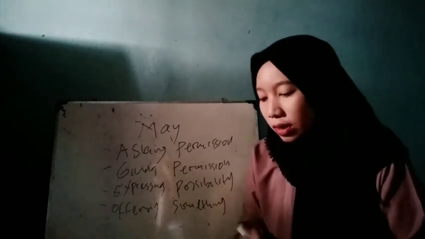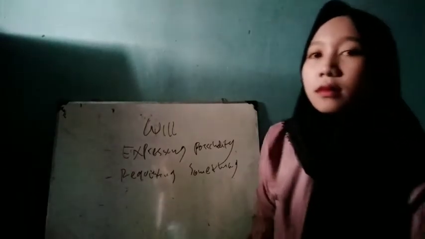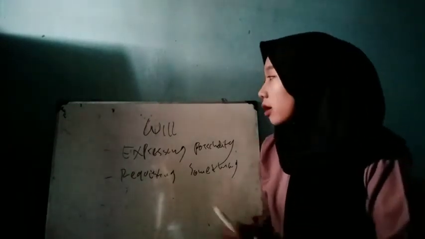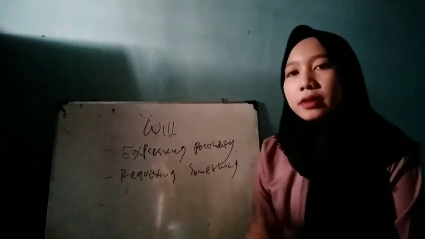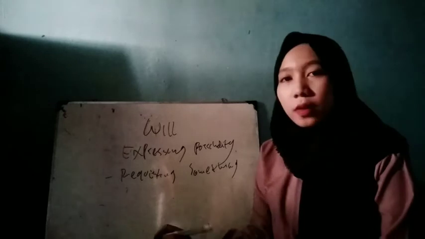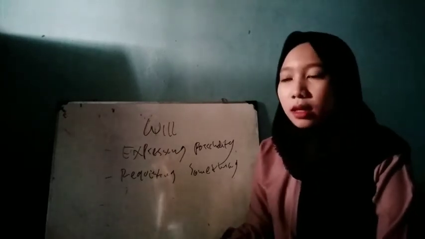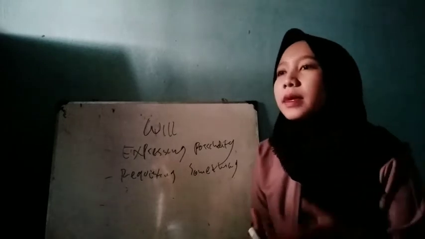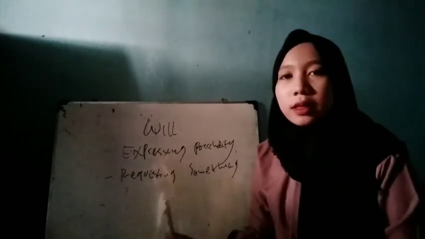And the next one, the modal auxiliary will. There are two types of functions of will. First one is expressing possibility, and the next one is requesting something. Now, can you help me to get an example of expressing ability?